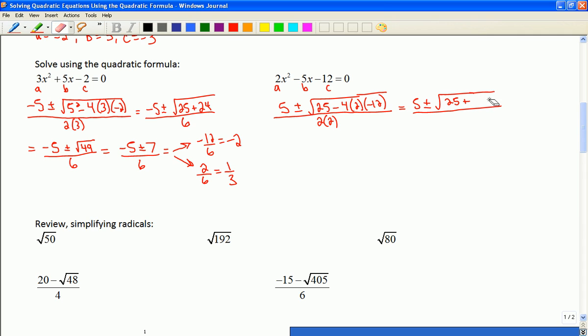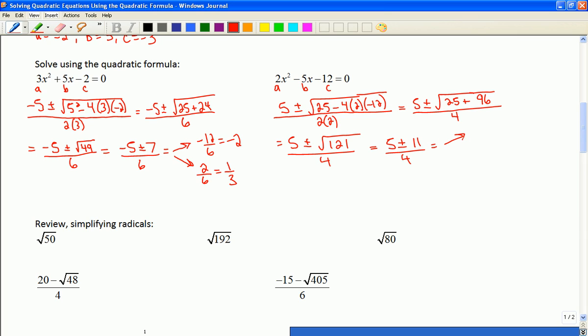Sorry, that should be 96. Tried to do it in my head a little too quick. And it's all over 4. So this will be 5 plus or minus square root of 121 over 4. So 5 plus or minus 11 over 4.